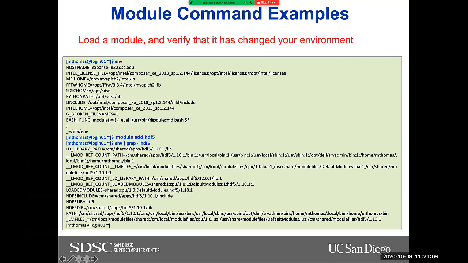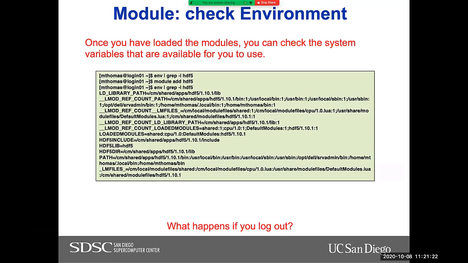Here there's no mention of HDF5, and then I added HDF5 and you can see that it appears. If you run the environment command, then you can find it, and you may need to be doing that inside a script. Here again, it's sort of a repeat, but I looked at the environment and looked for HDF5. There's no HDF5, I add it, and then I grep for HDF5 and I find it in a lot of spots. So yay, I've got HDF5.